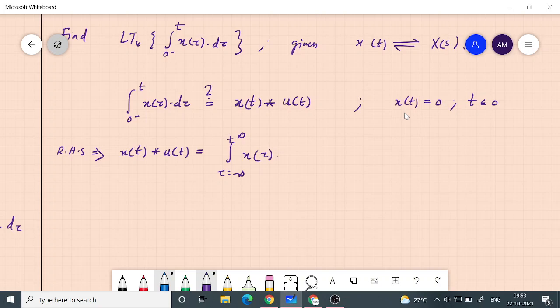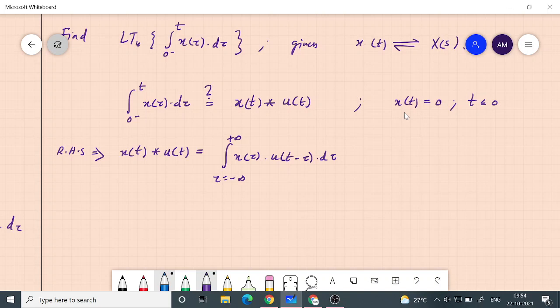So this is equal to the integral over tau from minus infinity to plus infinity of x of tau into u of t minus tau. I just applied the definition of this convolution. First function in terms of tau, into the second function, where the argument is replaced by t minus tau.